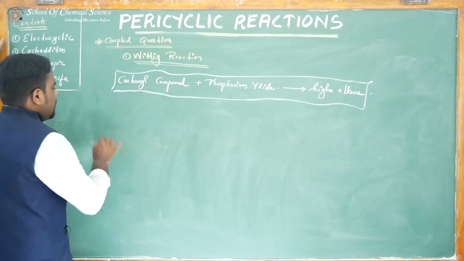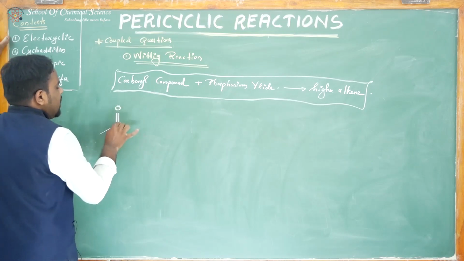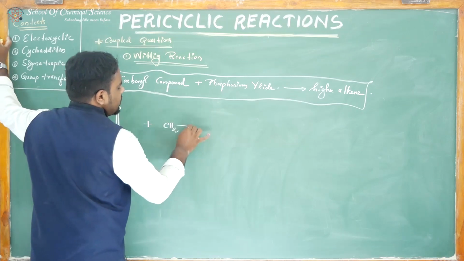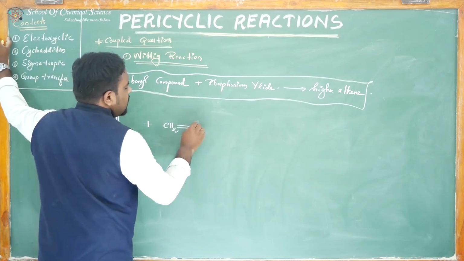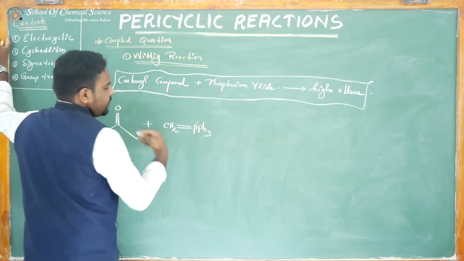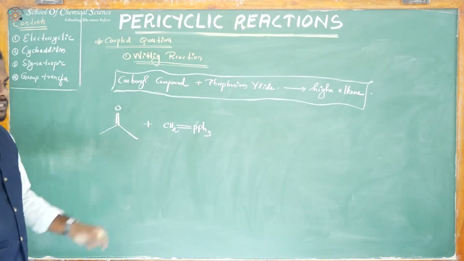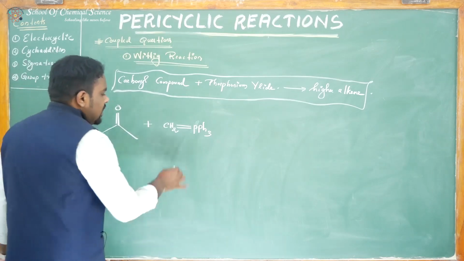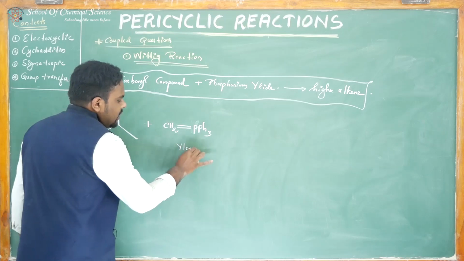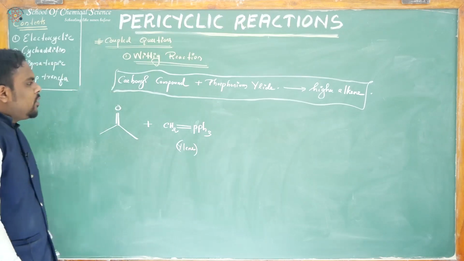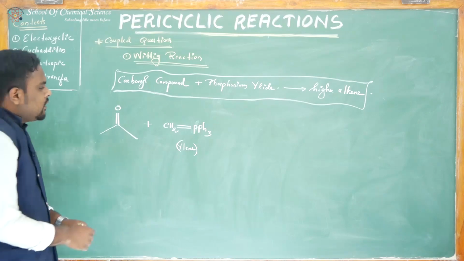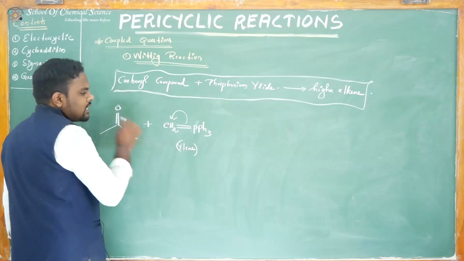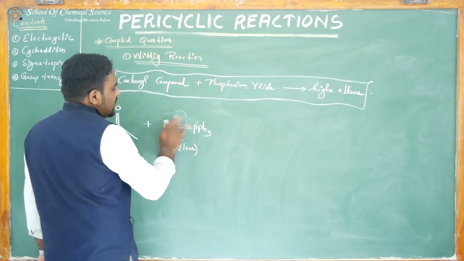For example, this is a carbonyl compound on reaction with the phosphonium ylide, CH2=PPh3. CH2=PPh3 is called ylene, Y-L-E-N-E. When this double bond is shifted towards this carbon, that is called ylide, Y-L-I-D-E.